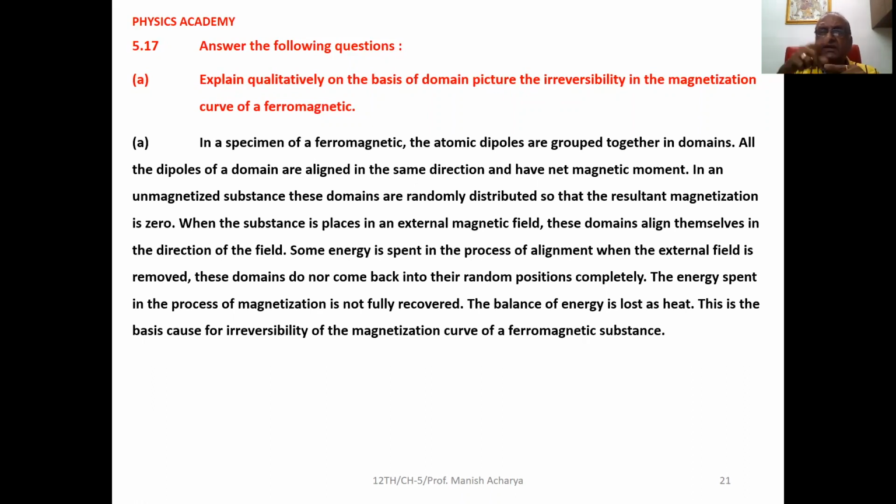But during the magnetization and the demagnetization, there is a loss of energy in the form of heat. Okay. So the energy which is utilized to magnetize it, the same energy will not be obtained during its demagnetization.